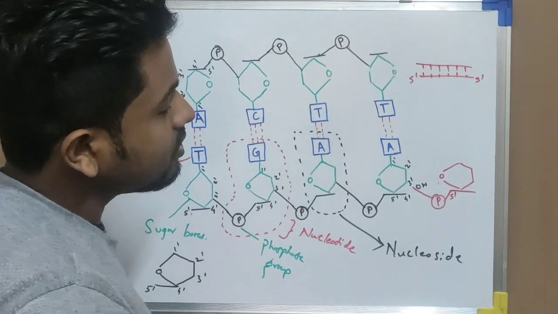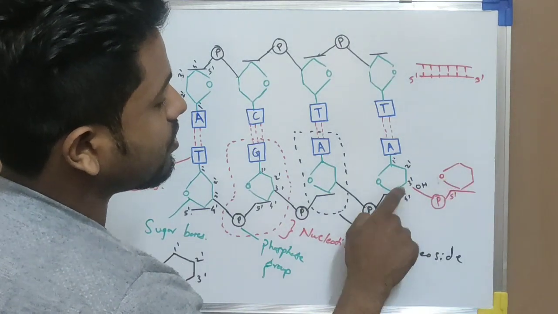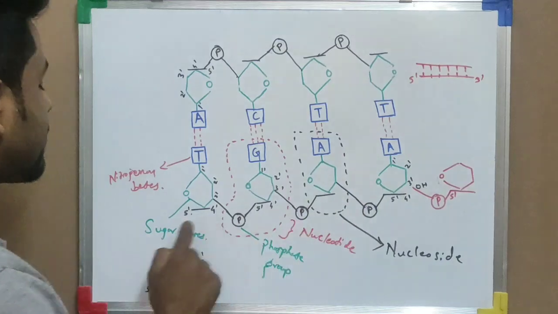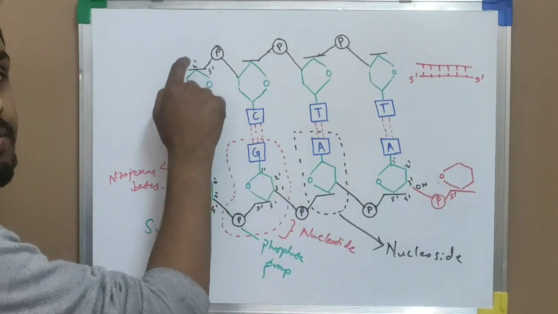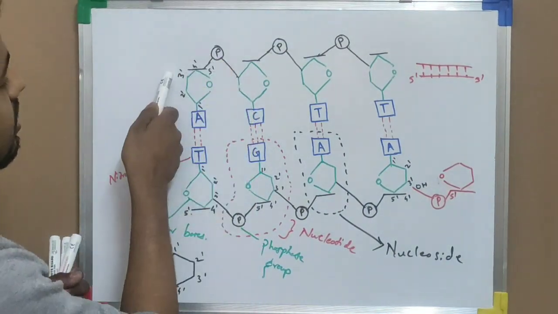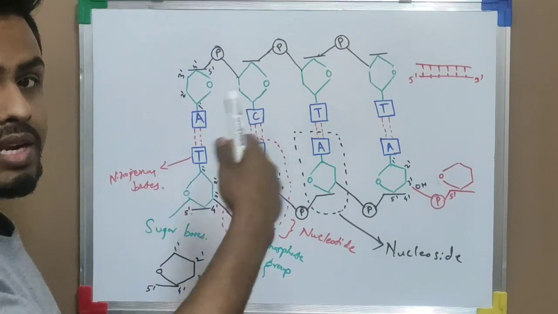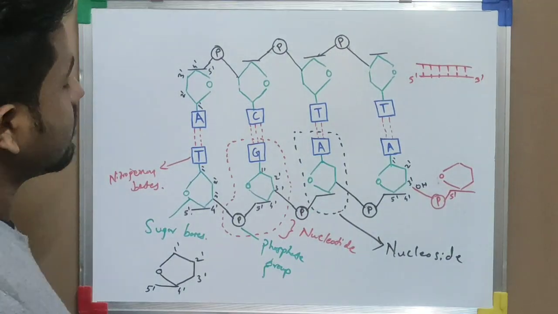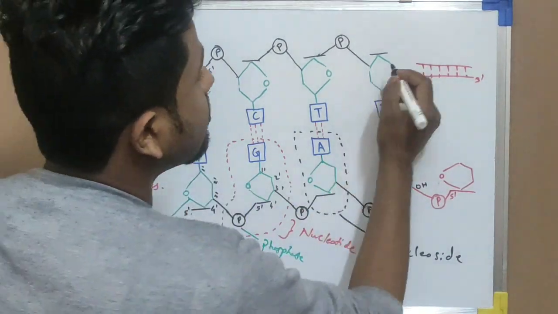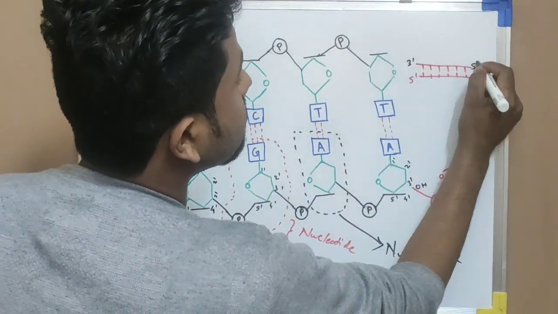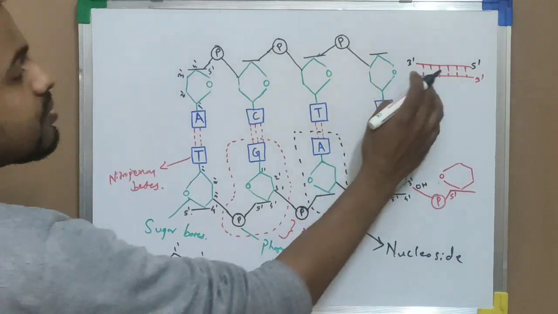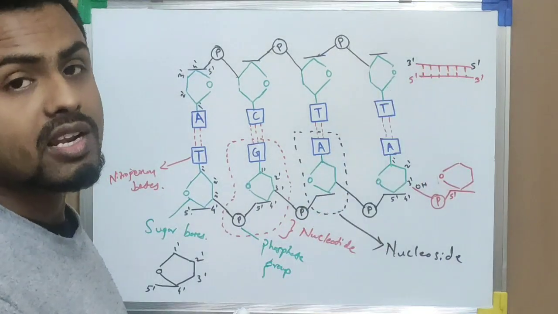Okay, so this way it goes on. Even on the opposite side, if this is a 5 prime, then the opposite complementary strand will have 3 prime free. So here you will write 3 prime and here you will have 5 prime, because both DNA strands are anti-parallel.